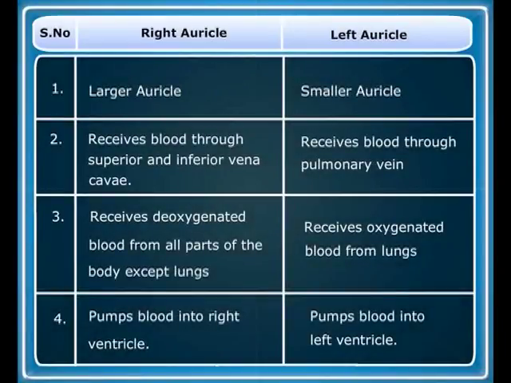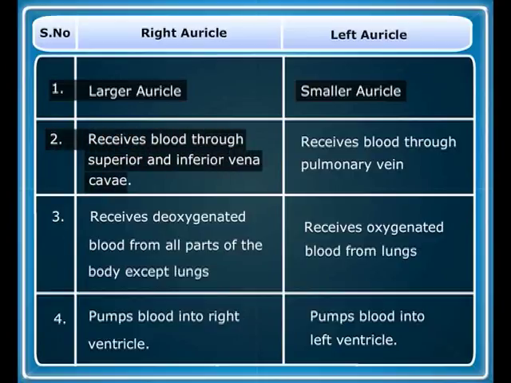Let us learn the differences between the right and left chambers of the heart. Firstly, right and left auricles. The right auricle is larger in size. The left auricle is smaller in size. The right auricle receives blood through the superior and inferior vena cava.